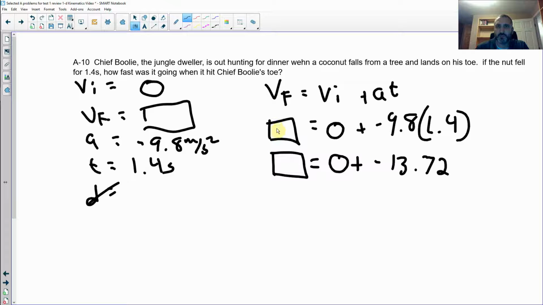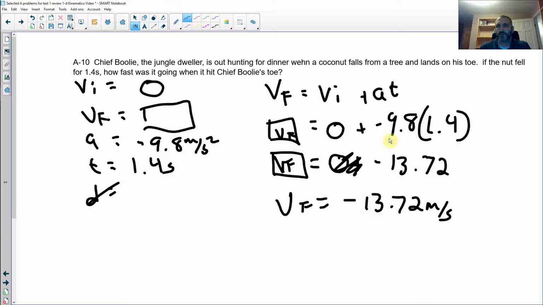And that is your VF, which is basically what we're looking for. And the 0 goes away, so VF shall be negative 13.72 meters per second. And this is interesting again. Negative 9.8 gives you a negative 13.72, and that just means that we're falling down. So I hope that helps.